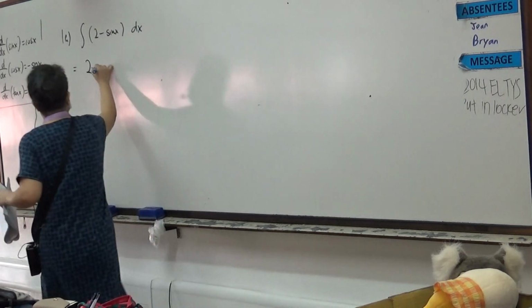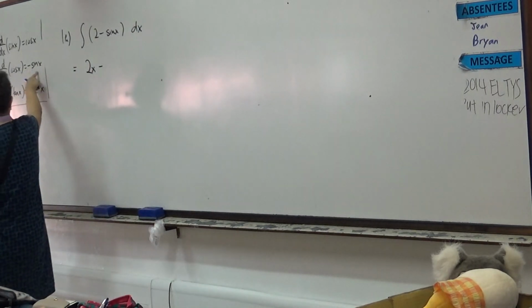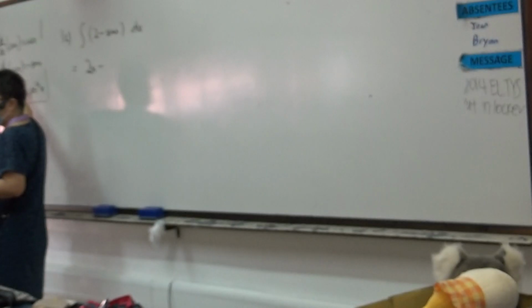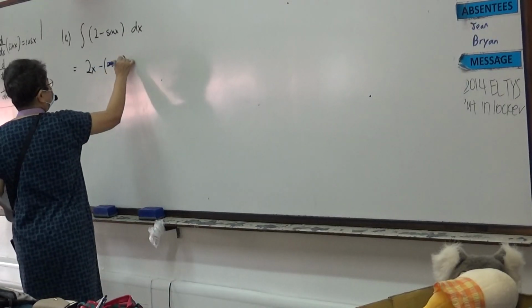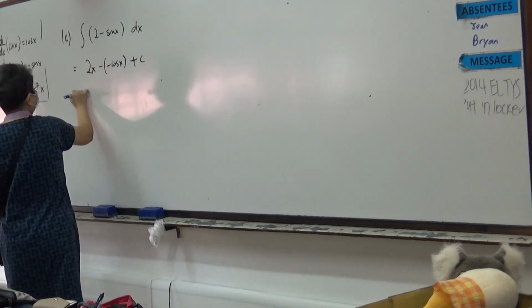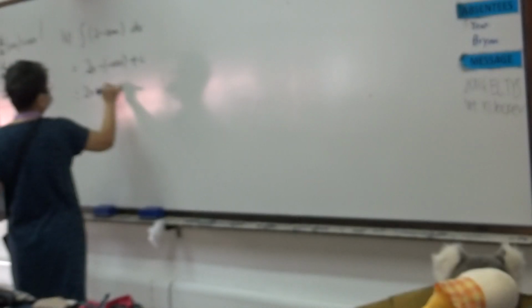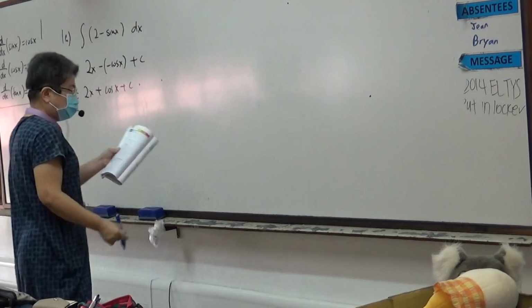Okay, then I have a minus. What if I integrate sine? What do I get? Negative cosine. Then don't forget the plus c. So it's 2x plus cosine x plus c.